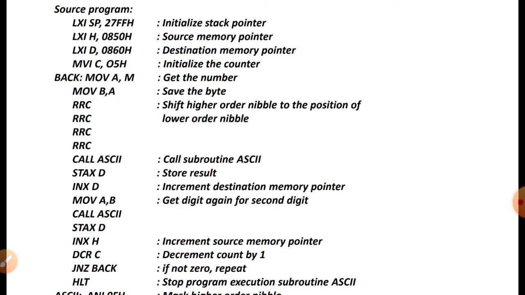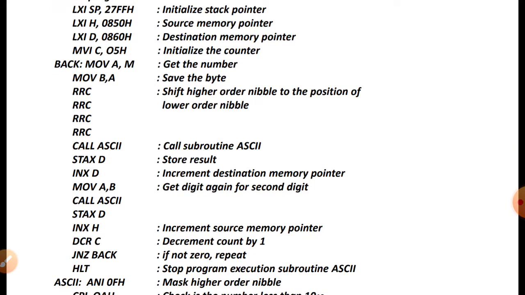So that is why in the program, first of all, the stack pointer is initialized with SP equal to 27FF, and then we initialize the HL register pair with the source memory pointer, because the source memory will have those 8-bit numbers which have to be converted into ASCII code.